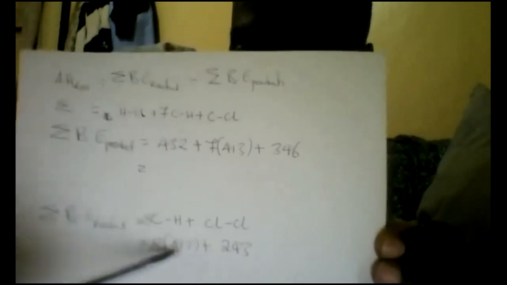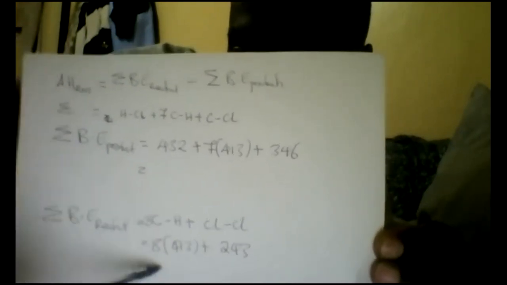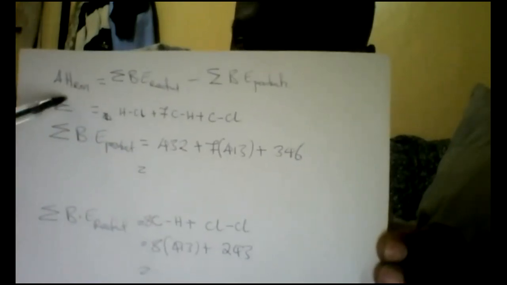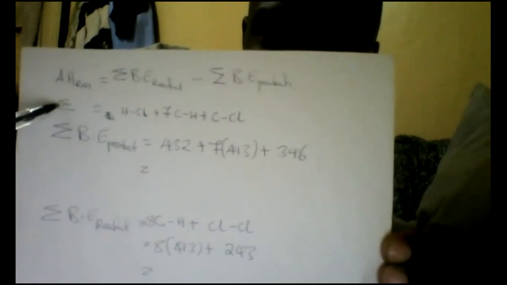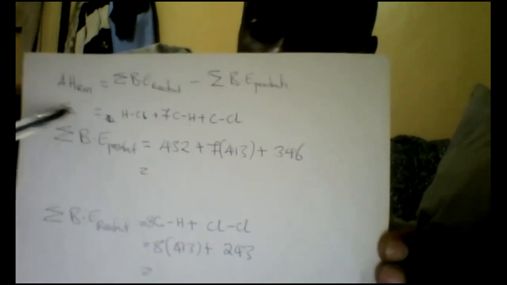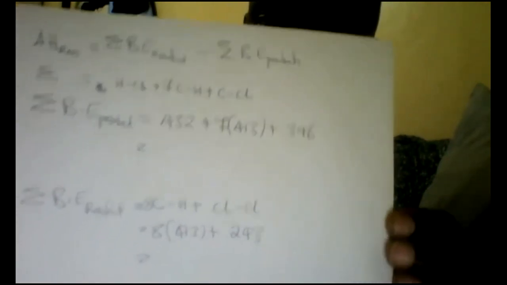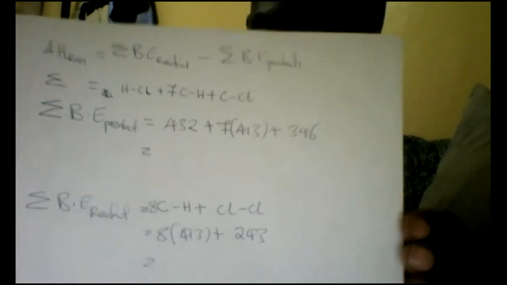Only 1 Cl. So you replace them with their values and energies, and you'll be able to find the value. The value you get here and the value you get there, just place them in that equation, and you'll be able to find what the enthalpy of the reaction is. So that is the ease with which you calculate the enthalpies that are given there.